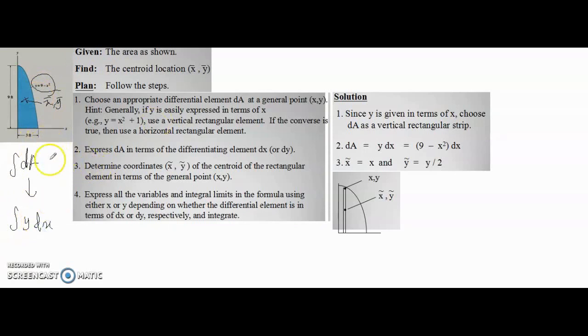Which means we integrate this function with the changing of x here. So it will become like this. This is your shape, and then you integrate this curve here with the changing of x.